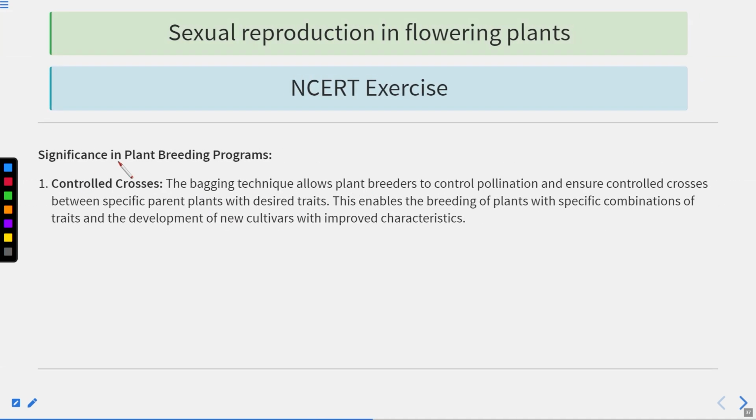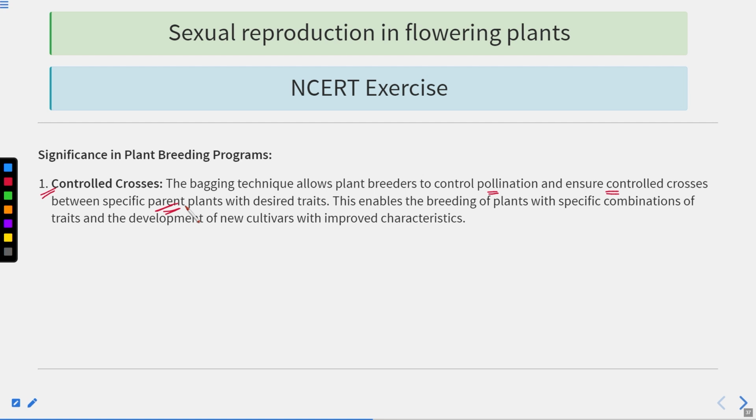Now, what is the significance of the bagging technique in plant breeding programs? First, we can do controlled crosses. The bagging technique allows plant breeders to control pollination and ensure crosses between specific parent plants. We first select the desired parents, and if the flower is bisexual, we emasculate it.